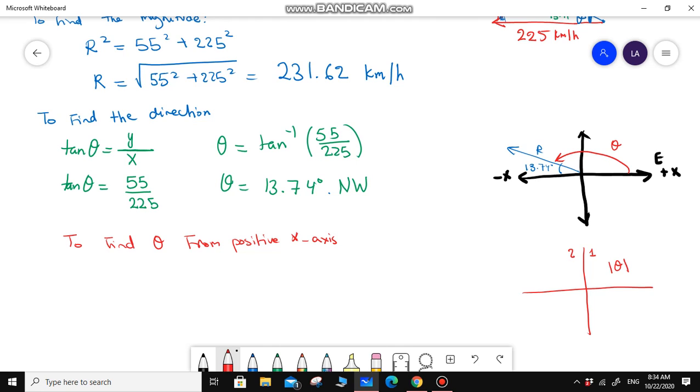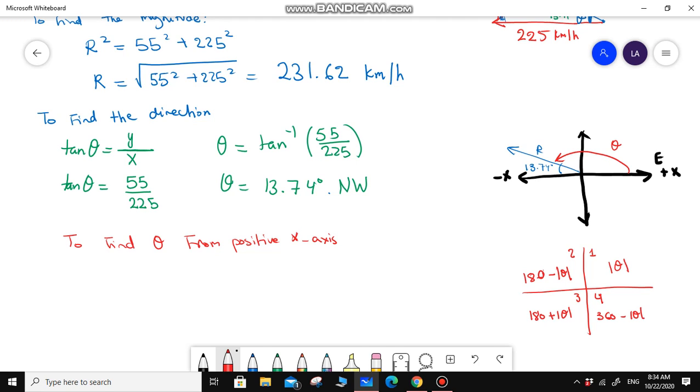If you are in quadrant 2, you will be using 180 minus the absolute value of theta. If you are in quadrant 3, you will be using 180 plus the absolute value of theta. If the vector is in quadrant 4, you will be using 360 minus the absolute value of theta.